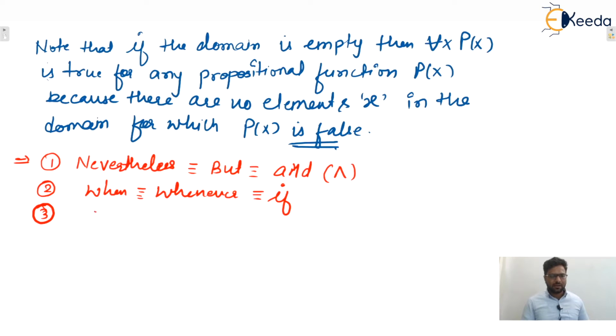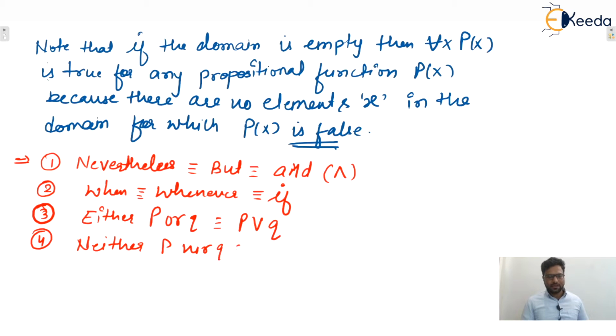Next, the third one: either P or Q. The meaning in a logical statement is P or Q. Neither P nor Q means the complement of either P or Q. So what is either P or Q?